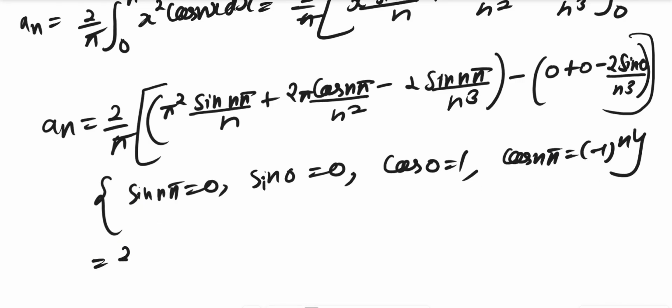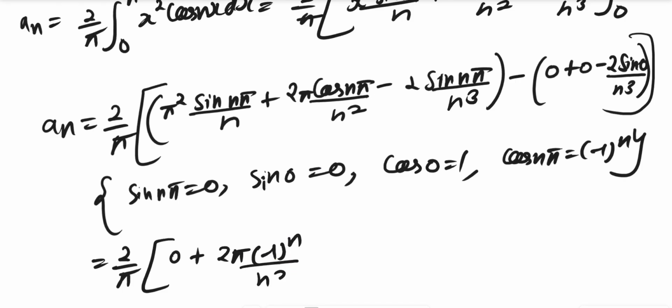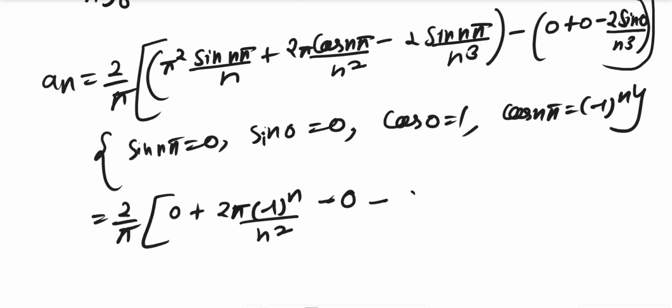Using this, we get 2 upon pi. Sin n pi is 0, so it is 0 plus 2 pi cos n pi, which is minus 1 raised to the power n divided by n square, minus sin n pi is again 0. Minus 0 plus sin 0 is 0.